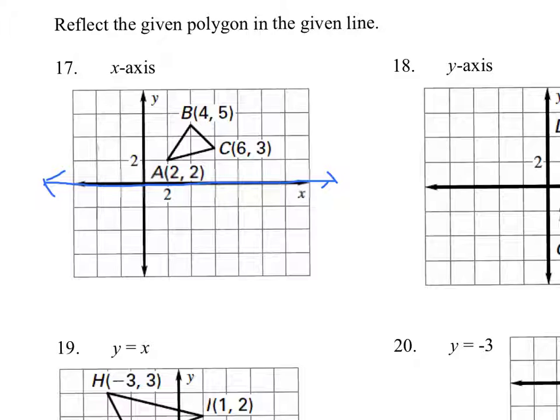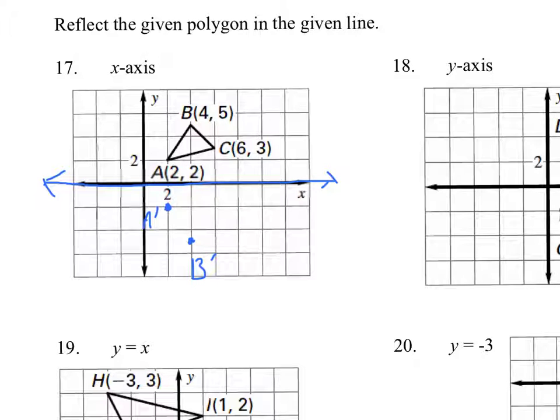So for instance, B, which is at 4, 5 right now, notice they're going by 2's, B is 1/2, 1, 2, so 2.5 grid lines from the line, so you count 2.5 grid lines across to the other side, and here is going to be the new B. And A, as you can see, is 1 grid line, so we're going to count 1 grid line down, and here is going to be the new A prime.